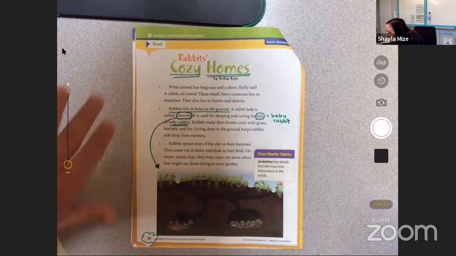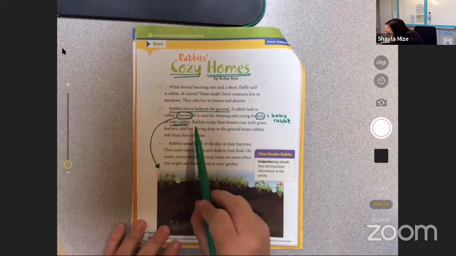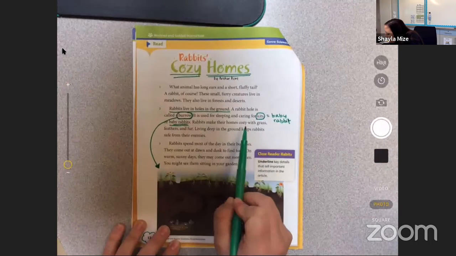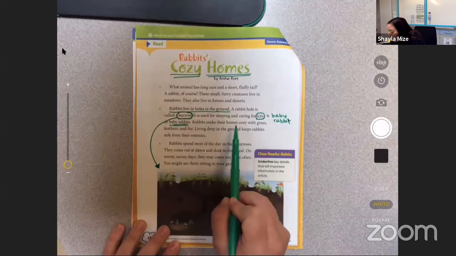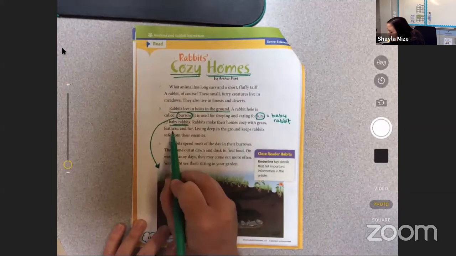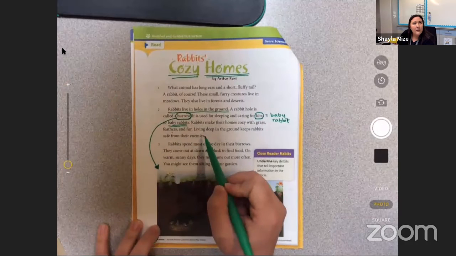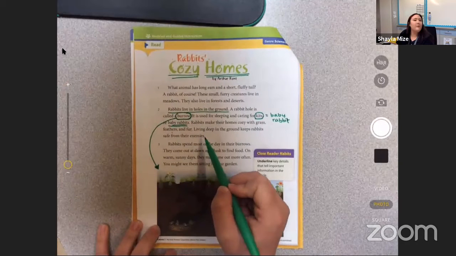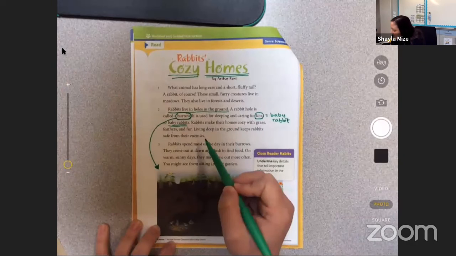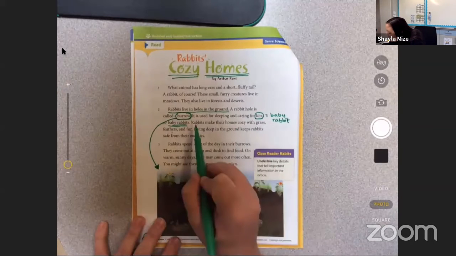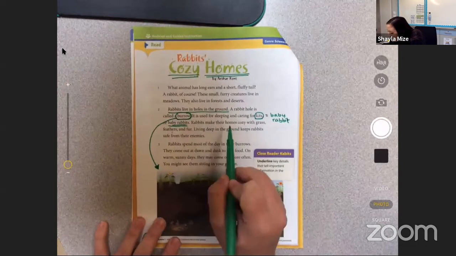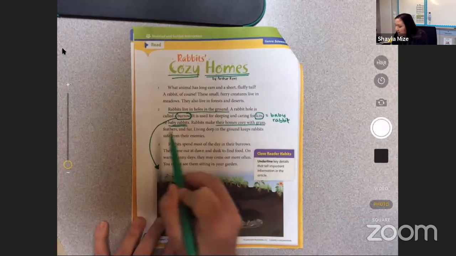Let's keep reading. Keep following along. Rabbits make their cozy homes, or their homes cozy with grass, feathers, and fur. Does that describe the home? Nod yes or no? Yes, I see lots of yeses. So rabbits make their homes cozy with grass, feathers, and fur.